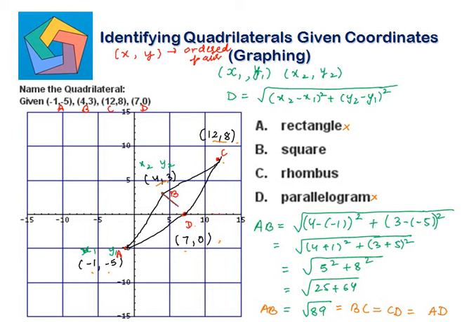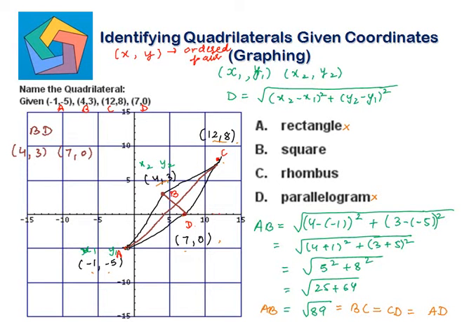BD and AC. By using the distance formula only, we will apply the distance formula. For BD, the coordinates will be B is (4, 3) and D is (7, 0).